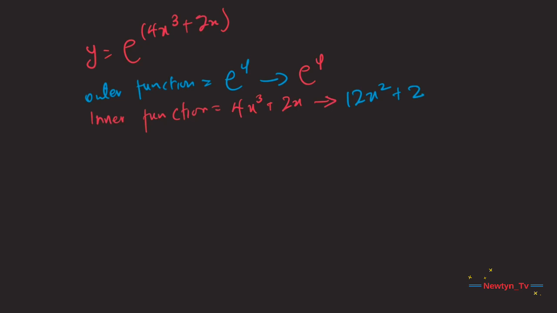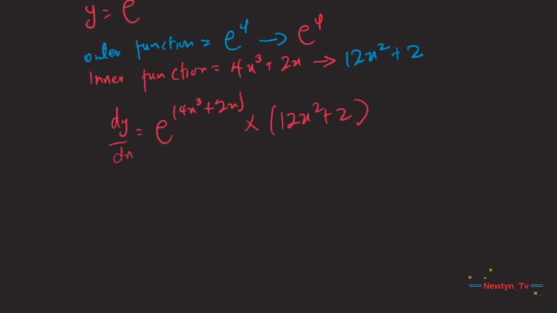So with this, we will have dy/dx equal to e exponent 4x exponent 3 plus 2x multiplying 12x squared plus 2, right?